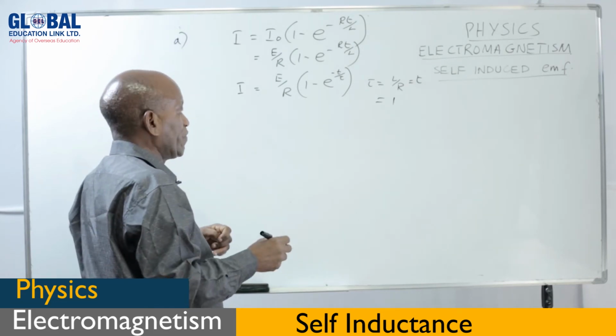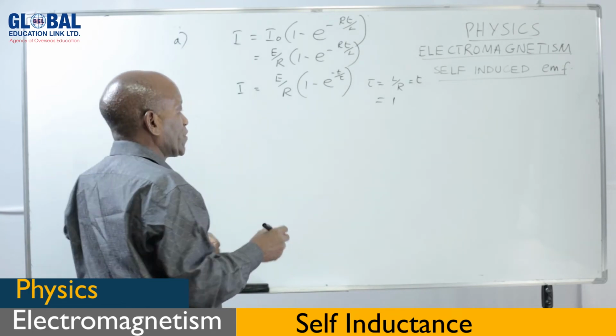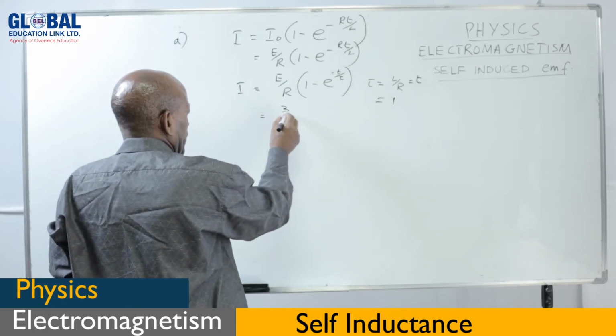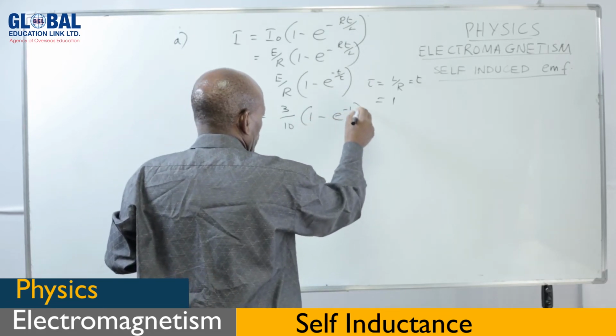Therefore, we substitute the value for E, that is 3 volts, and R, that is 10. We get 3 over 10 into 1 minus e to the power minus 1.